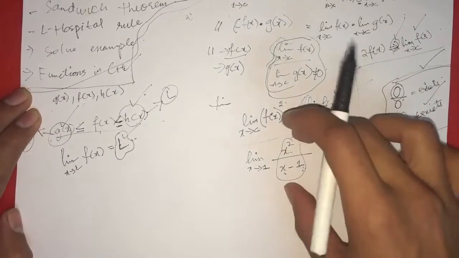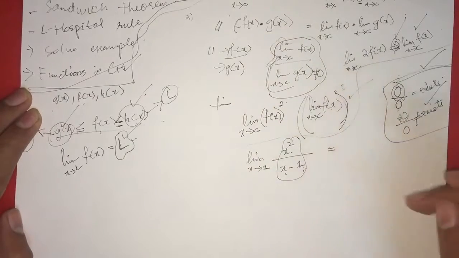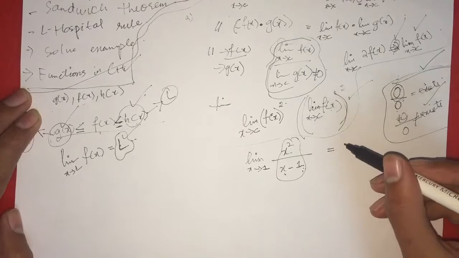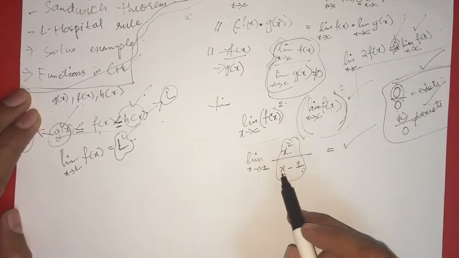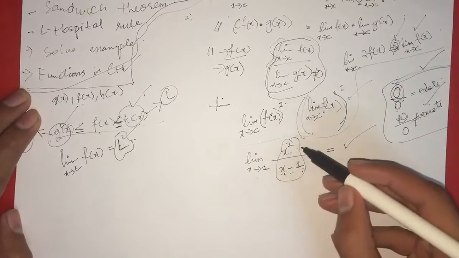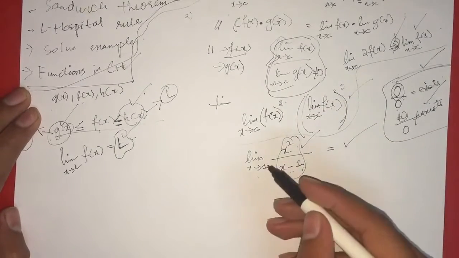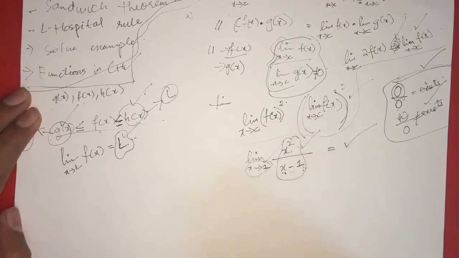Right now if you put 1, it will give you 0 and it will be undefined. So you have to factorize this problem before substituting the limit into this function.